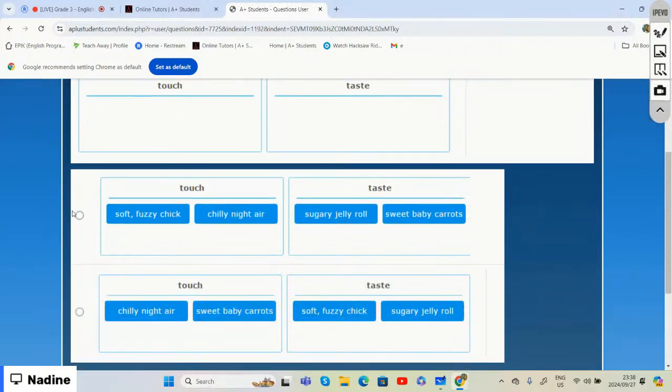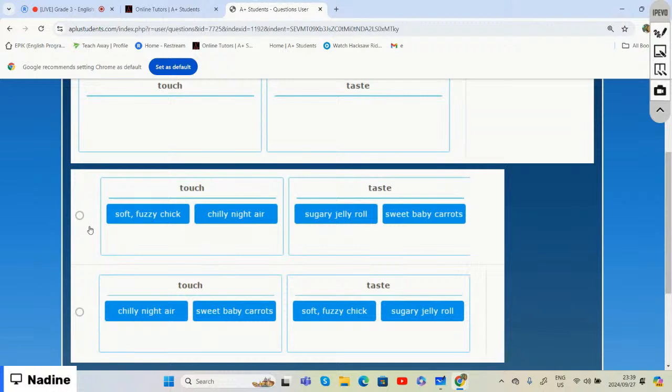If you look at the options, option one says soft fuzzy chick and a chilly night air are under touch, and things that you can taste are a sugary jelly roll and sweet baby carrots.